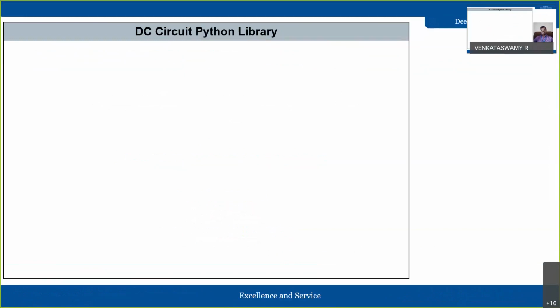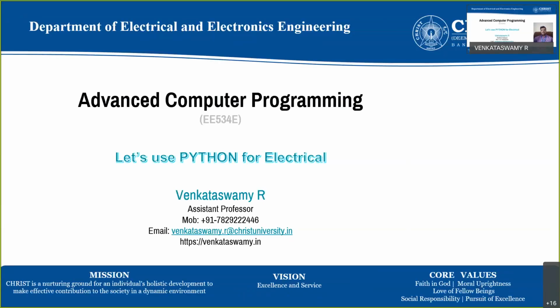I'll start with very simple demonstrations, but in later stages I'll go to some complex programs. So today I'll start with a simple program, and later I'll move to more complex ways of defining things. So just focus on today's class. That is the agenda today.